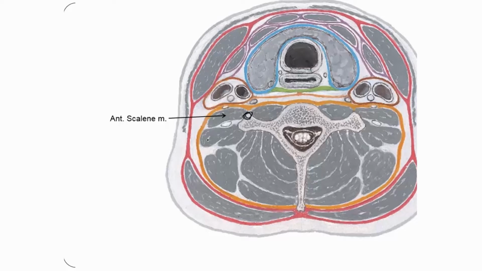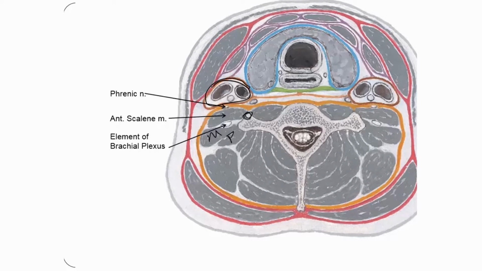The middle scalene is in this particular area, and there is the posterior scalene. So we've got anterior, middle, and posterior, and we've got an element of the brachial plexus sandwiched between anterior and middle scalene muscles. The phrenic nerve, again, traverses on the anterior surface of the anterior scalene with a very important relationship there.